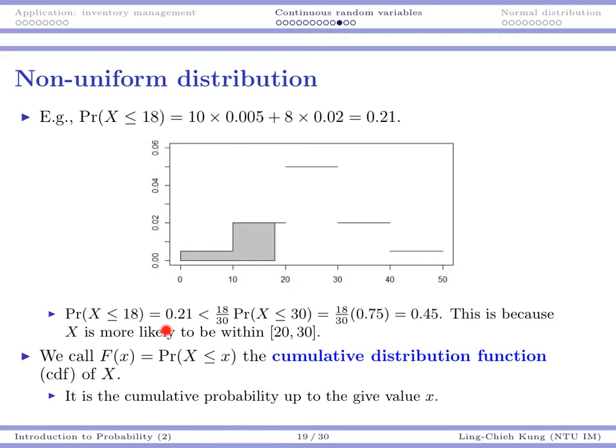Because this probability would be very useful and we need to calculate it very often, we give it a special name. So given any value small x, we define this probability as the cumulative distribution function, the CDF of x.